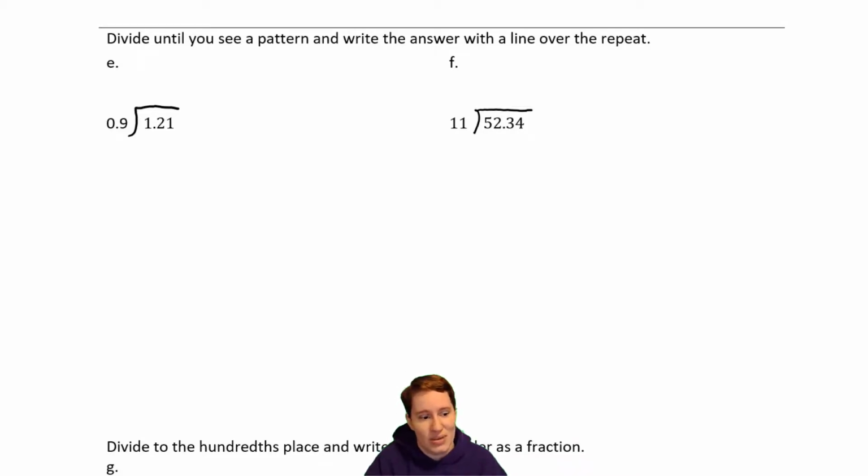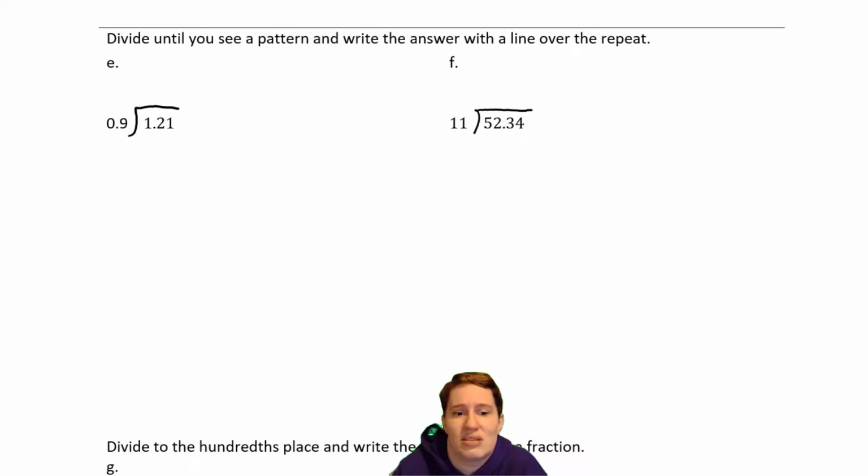The cases where we get something that doesn't repeat are actually special cases that don't come from us dividing by a normal number. So our goal is to divide and add zeros until we see the pattern. And then once we see the pattern, we write our answer with a line over what's going to repeat so that somebody knows, hey, this repeats.